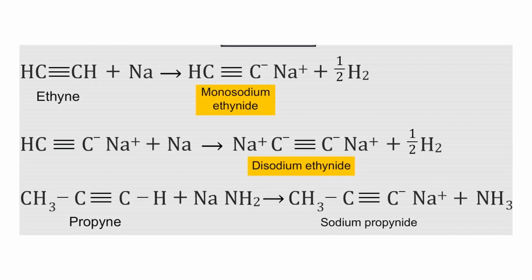They react with ethyne to form sodium acetylide with the liberation of hydrogen gas. Here you can see we obtain sodium acetylide, or we can say ethynide, with the liberation of dihydrogen gas. These reactions have not been observed in the case of ethene and ethane, thus indicating that ethyne is acidic in nature in comparison to ethene and ethane.